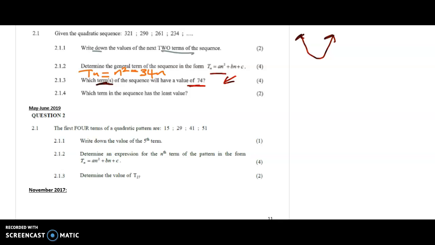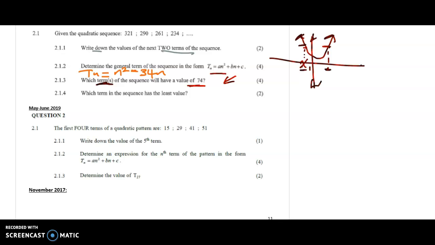So you can have two values. You remember that for a parabola, you can have a certain x value and another x value, and they both have the same y value. So like here, you can have two terms that have the same value.